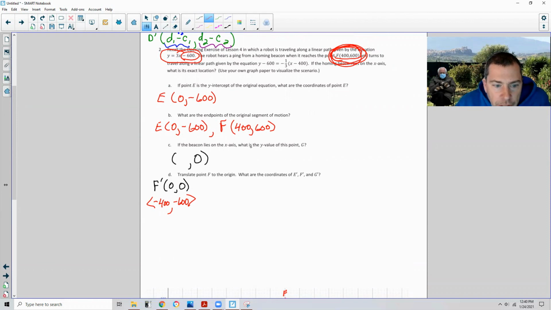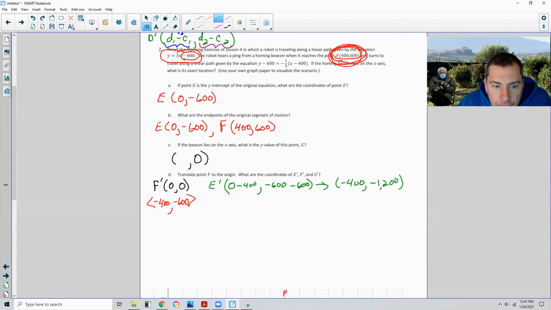So if F is 400, 600, E was 0, -600. So now E prime is going to be the point where we take E, the original, and subtract 400, comma, where E was -600 and subtract the Y. Therefore, E prime is going to be the point -400, comma, -1200.